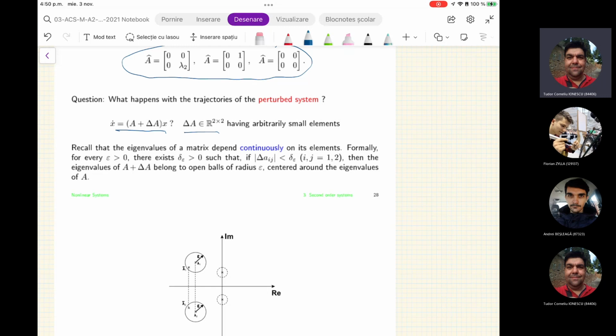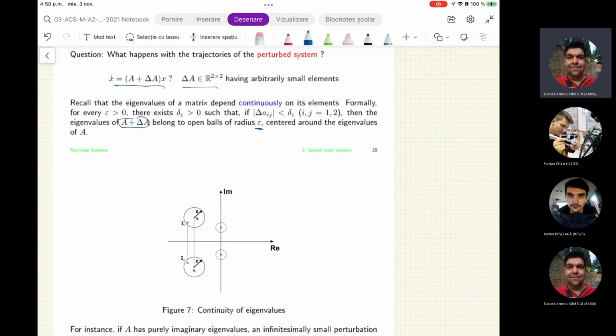That's a fact. So for every epsilon positive, there exists a delta epsilon positive such that if the variations in parameters are less than delta epsilon, then the eigenvalues of this matrix belong to an open ball of radius epsilon centered around the eigenvalues of A.